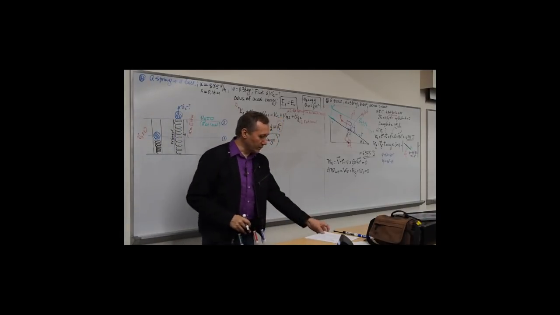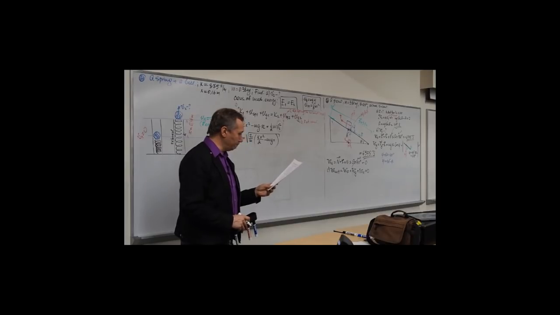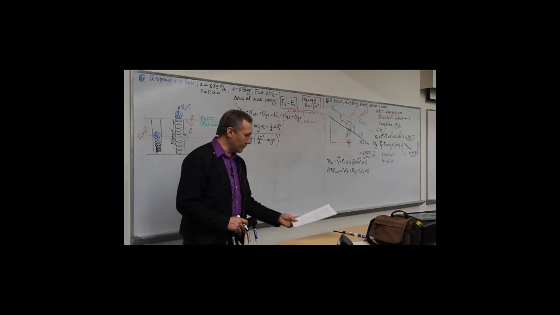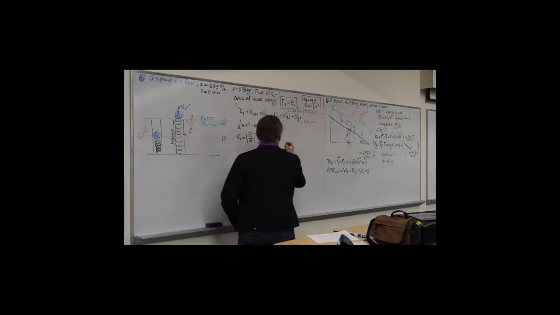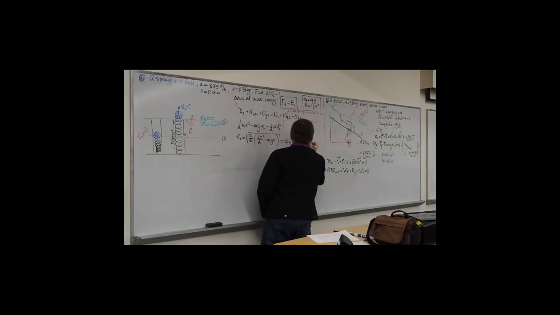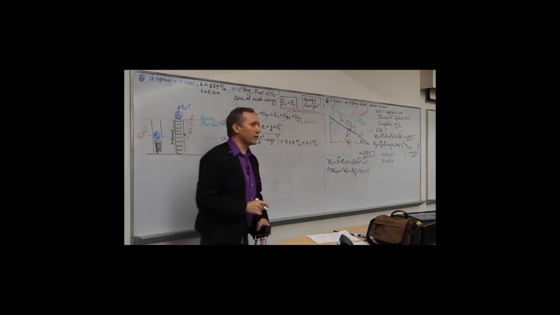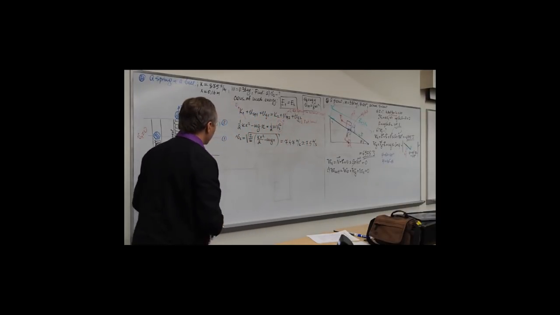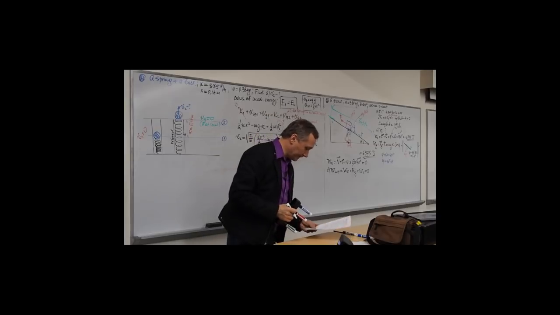Now it's just simple algebra. And so the answer, if you plug everything in, is 7.47 meters per second. Of course, you can round it off to 7.5 meters per second.